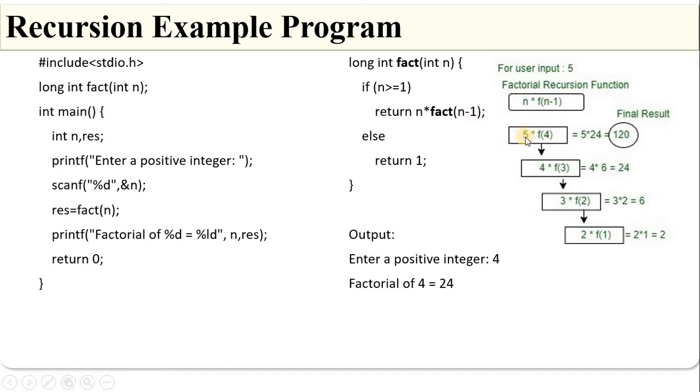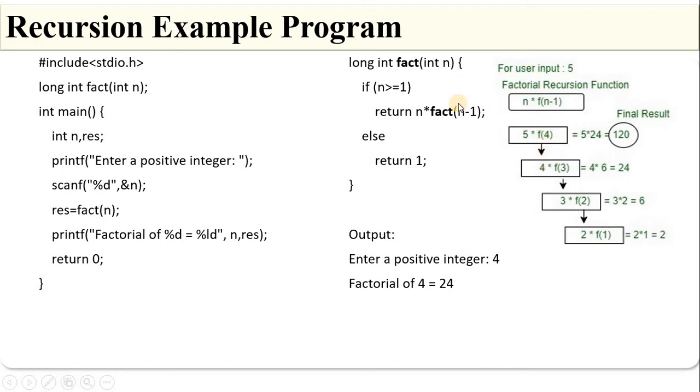Here, instead of fact I am writing f, just to save some space. So fact of 4: once again it calls this function, and now n equals 4. So fact of 5 is actually calling fact of 4.